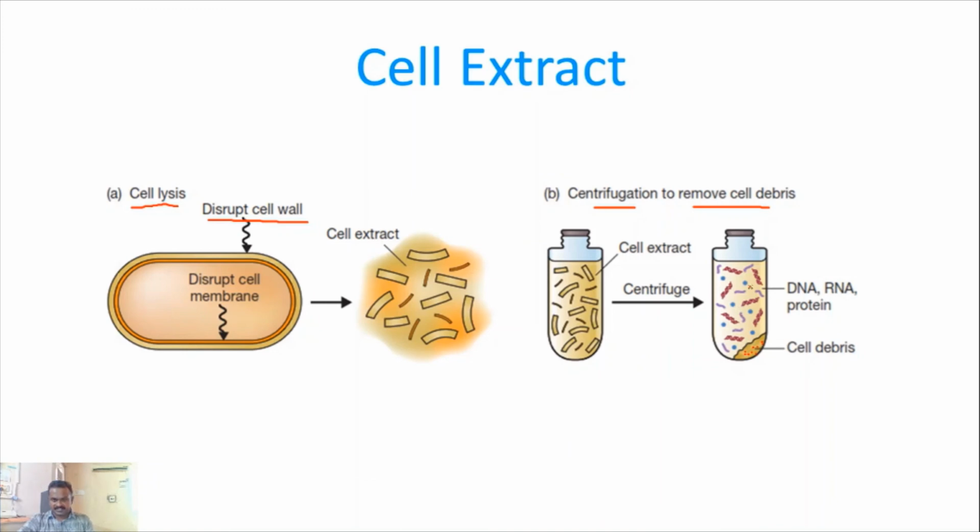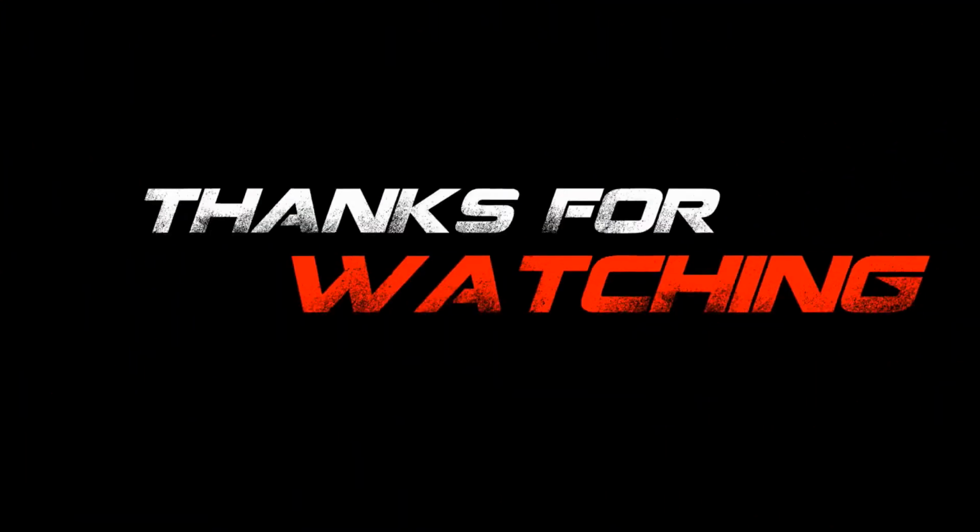So the remaining molecules exist in the aqueous phase. So first we separate the DNA, RNA and protein from the cell debris. It contains minerals, carbohydrates, proteins and other cellular components.